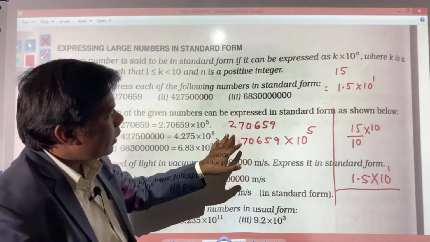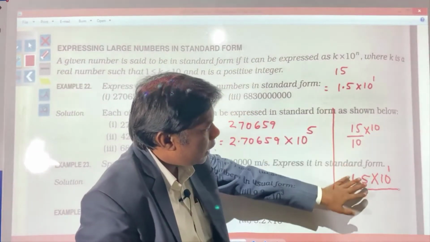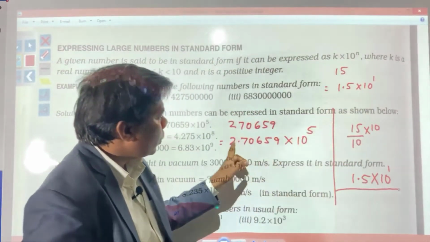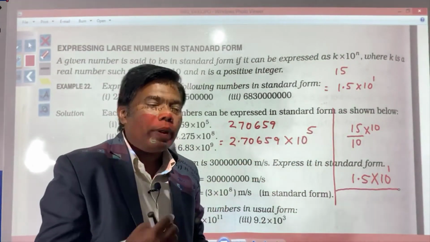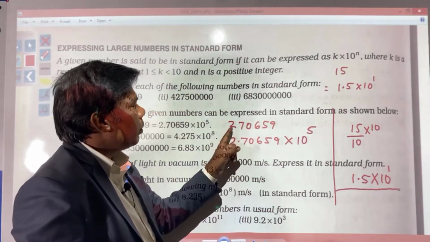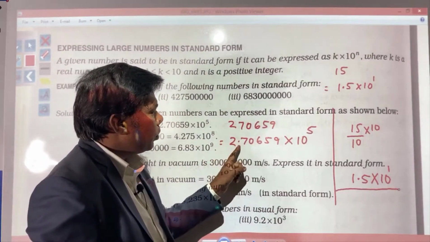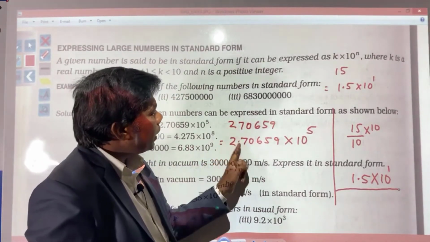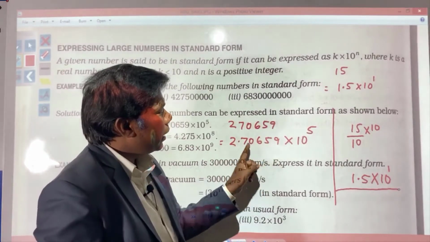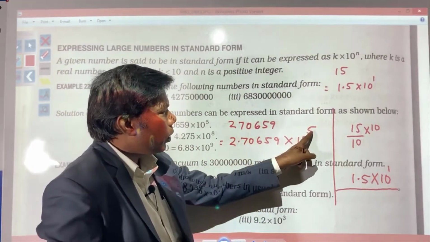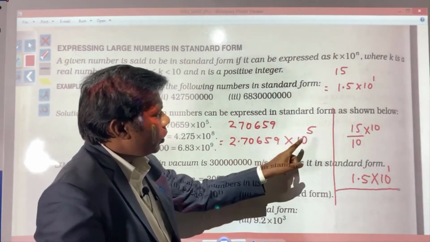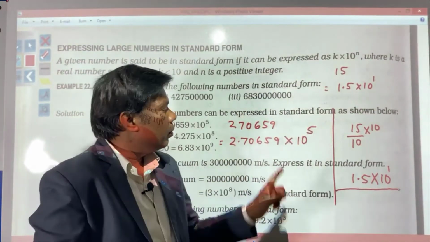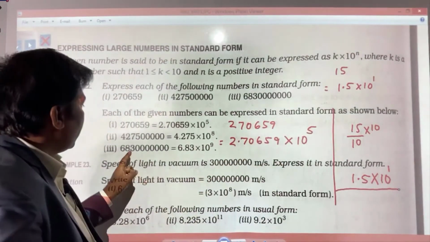Or simply, for solving questions you need to remember: just after one digit you put the decimal, and after the decimal you count how many digits there are, and that will be the exponent. So that will be this number into 10 to the power 5, because you have 5 digits.